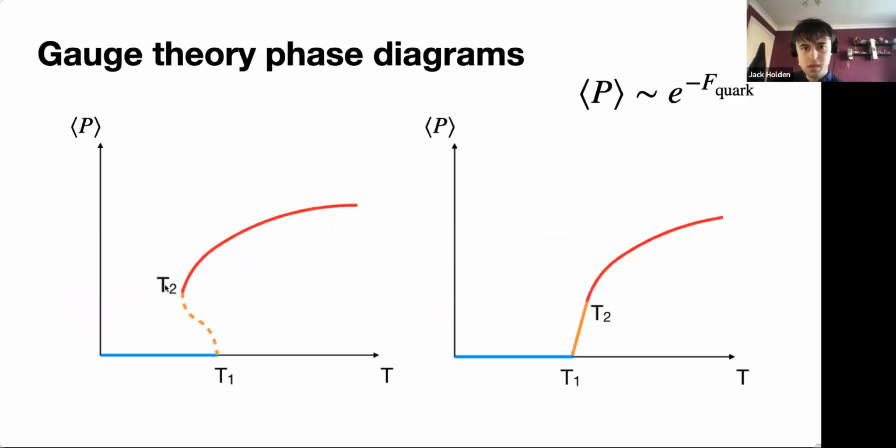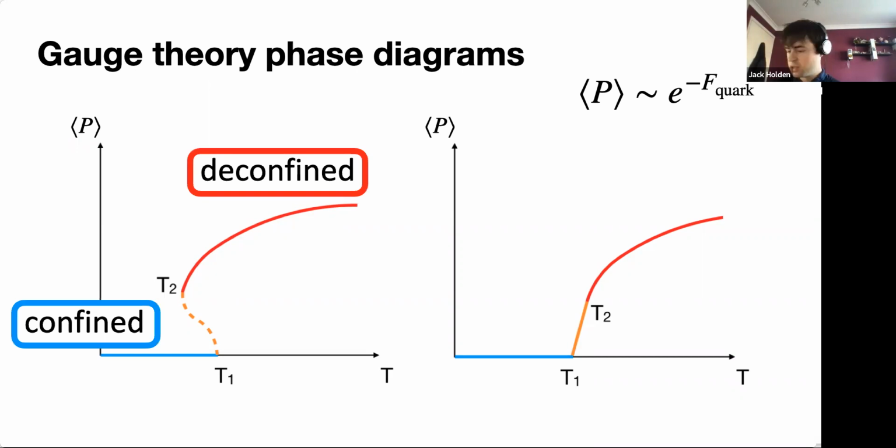Okay, so these are the two possible patterns of the gauge theory phase diagram. On the y-axis, I have the Polyakov loop, which behaves like the energy, and on the left we have a first order phase transition. This is the confined phase, where p, the order parameter, is 0, and the deconfined phase, and between them is the partial phase, smoothly connecting them.